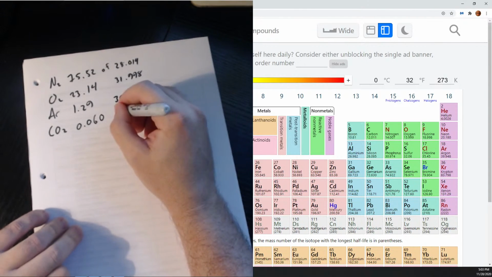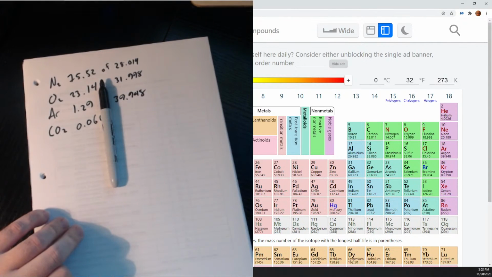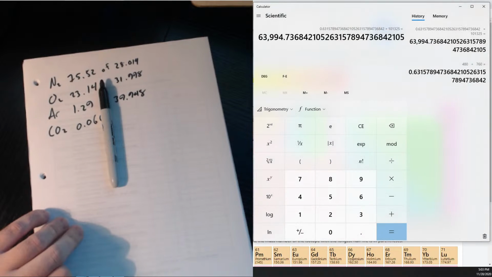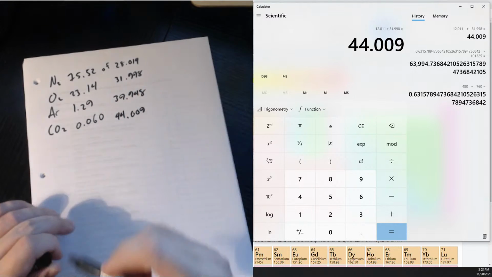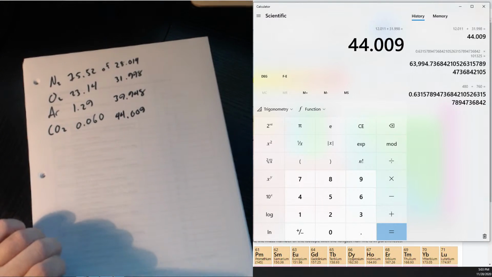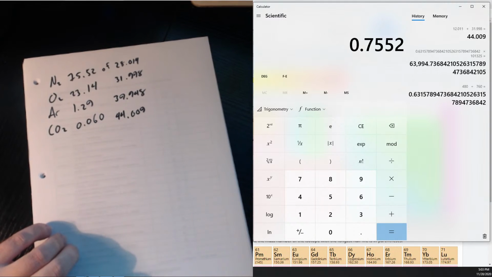And CO2, you'd think I'd have that one memorized by now. All right, so... Ooh, no. 0.014.